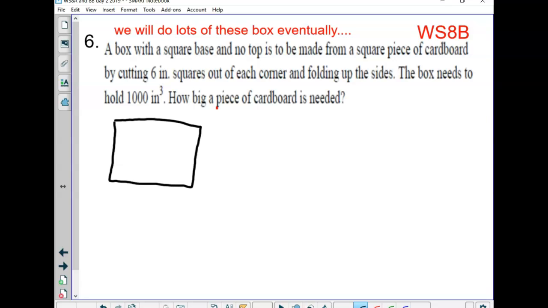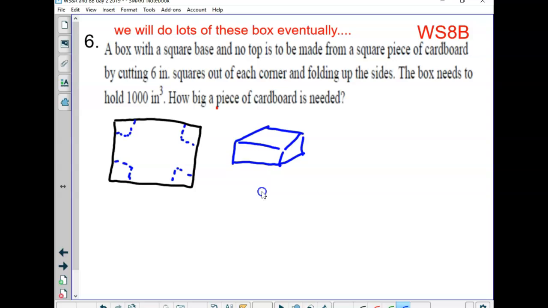Is this making sense to anybody? It's going to make a little box. You do these all the time when you get to calculus. So they cut corners out here, and now they folded it up and made it three-dimensional into a box.